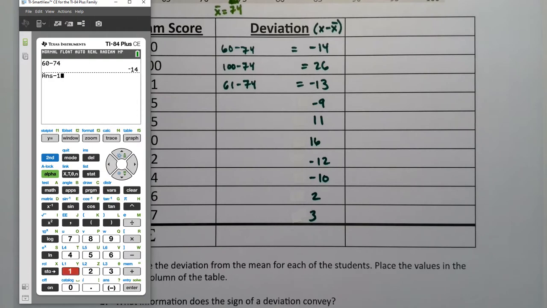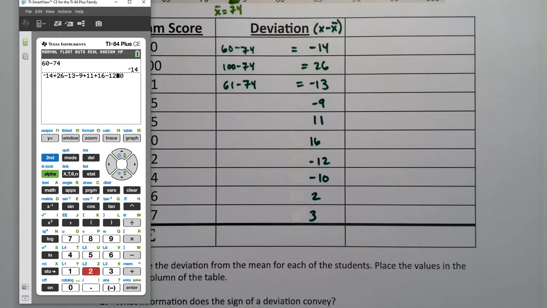All right, so what's negative 14? Make sure you type the little negative sign, not the subtraction sign. You're not subtracting. It's negative 14 plus 26 minus 13. Now I can use the subtraction signs. Minus 9 plus 11 plus 16 minus 12.